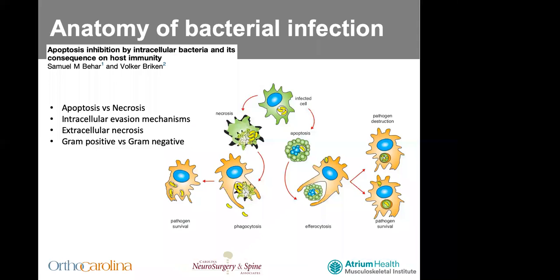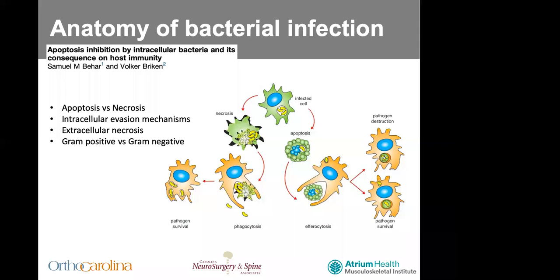So if bacteria does go on to damage or infect a cell, what can happen can either be categorized as apoptosis or necrosis. Apoptosis is a form of cell death that is largely controlled by intracellular or extracellular mechanisms, but leads to a controlled resorption of cell parts by macrophages in a well-orchestrated fashion. Necrosis, on the contrary, is an unplanned explosion of the cell that results in spillage of intracellular contents.